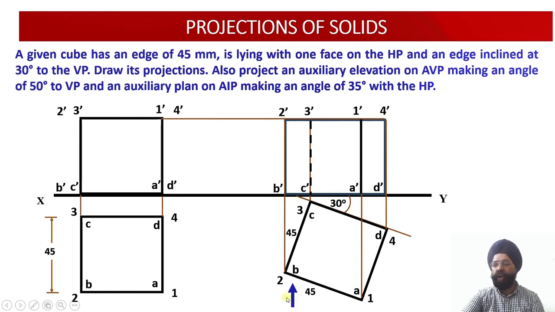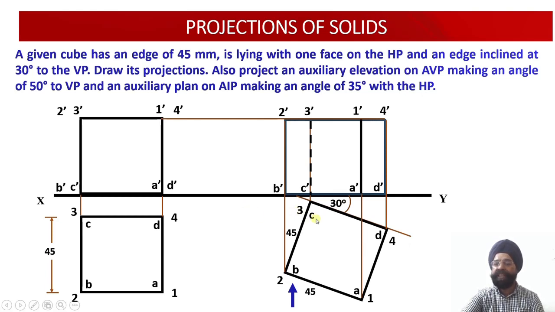Now since the observer is looking at the solid from this orientation, which is the farthest point from the observer? The 3C edge, the vertical edge of this cube. So this will be dotted. Any edges joining 3 and C have to be drawn dotted, unless these edges fall onto the boundary.